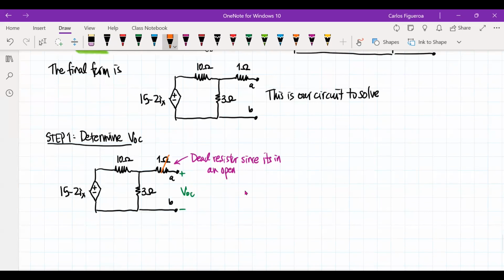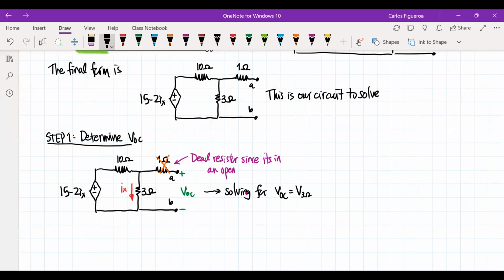So this guy's gone. There is no 1 ohm resistor. And I know that this guy is IX. So right away, you could see that VOC is the same as the voltage across the 3 ohm resistor. So what we're doing here is solving for VOC, but that's the same as the 3 ohm resistor.